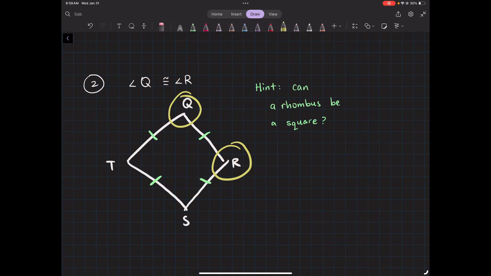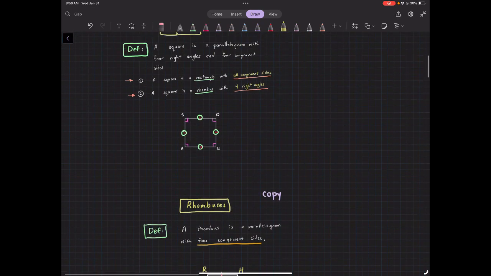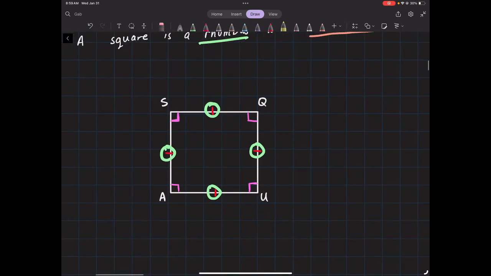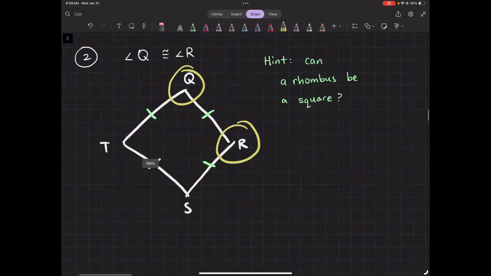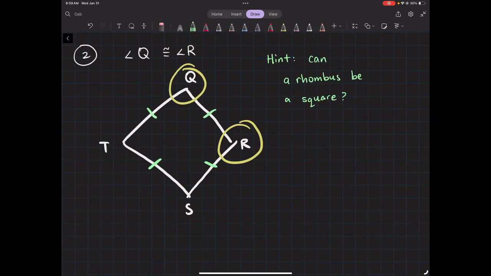Okay, and in squares, all of the angles are congruent to each other. So over here, you're gonna say sometimes, not always.